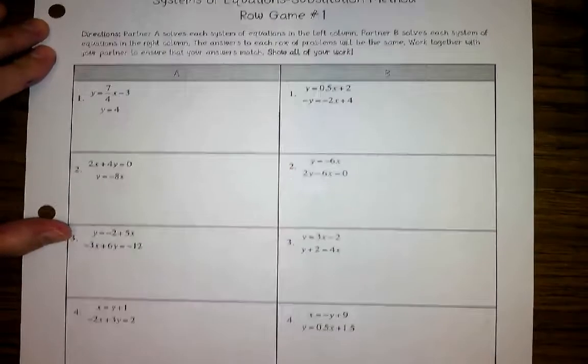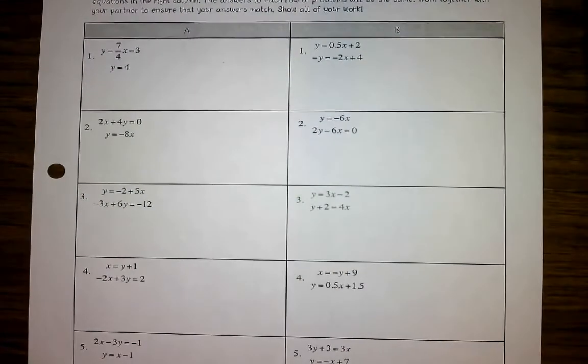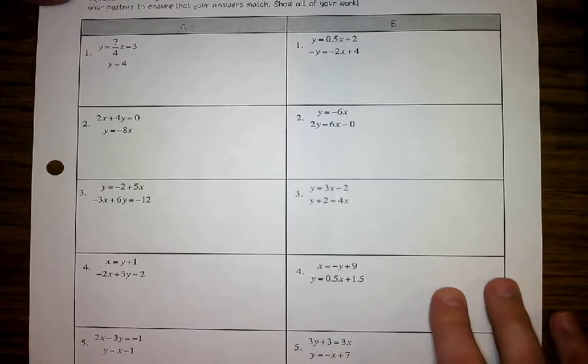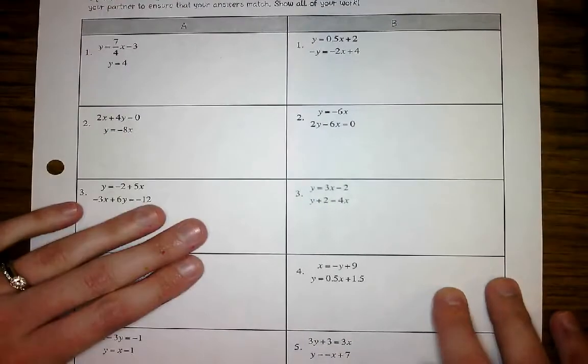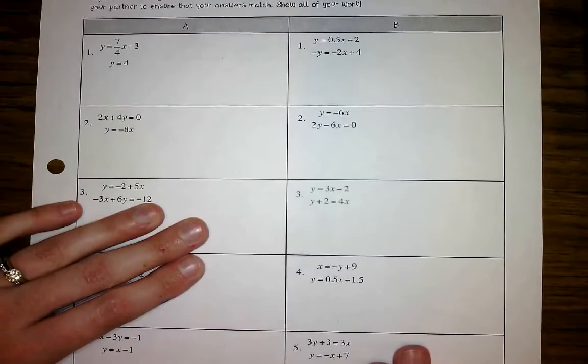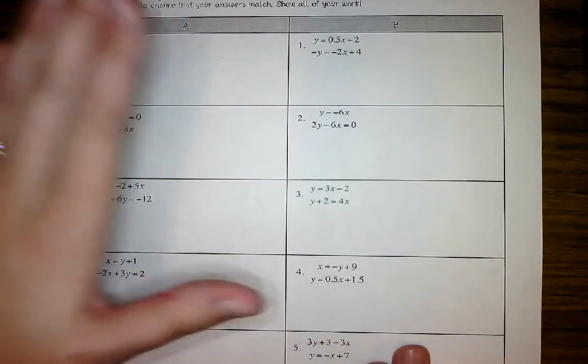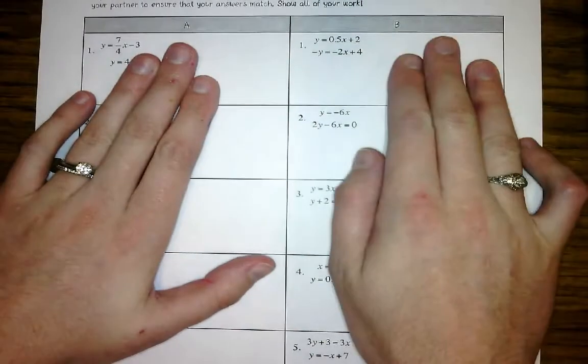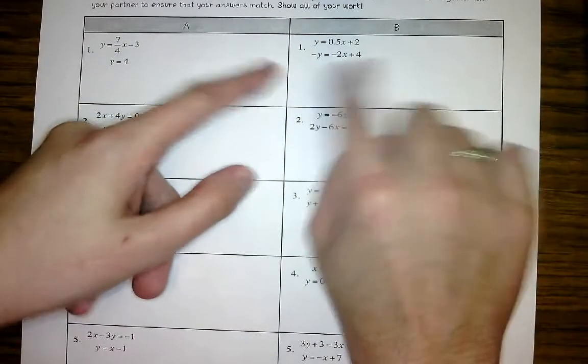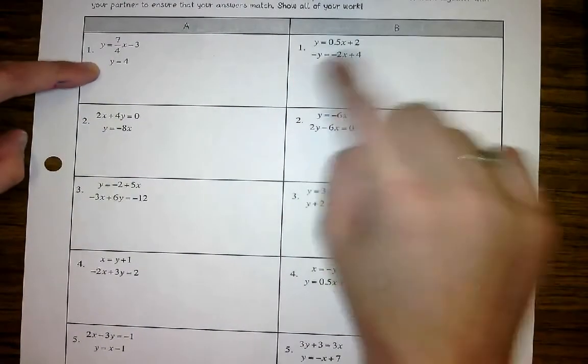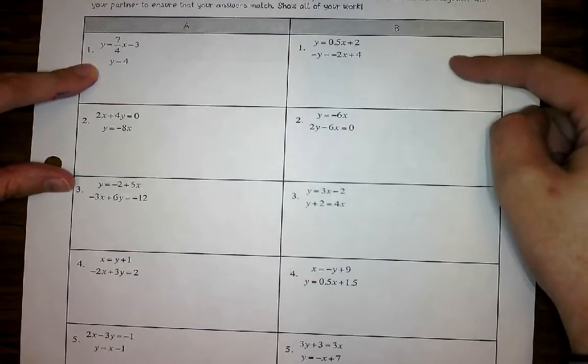One partner is going to do all of the A problems. One partner is going to do all of the B problems. The answer to A and the answer to B should be the same. So you work number 1, your partner works number 1, and they both should get the same answer. All right, guys? That works all the way down.